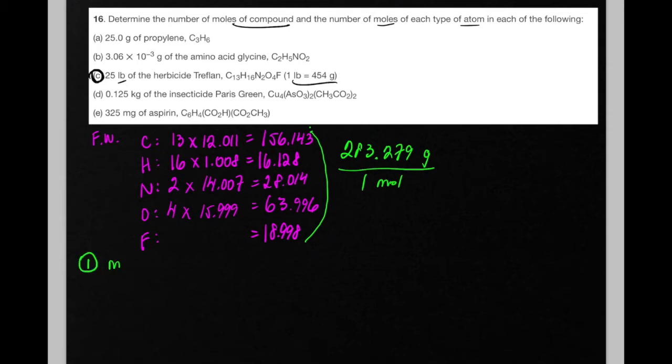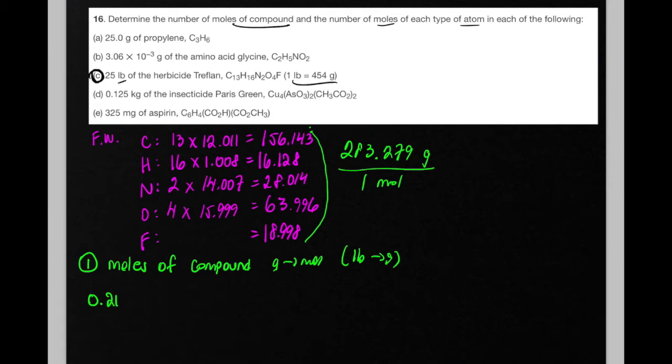So first, I want to calculate the moles of the compound. And we basically need to convert grams to moles. But before I do that, I have to convert pounds to grams.